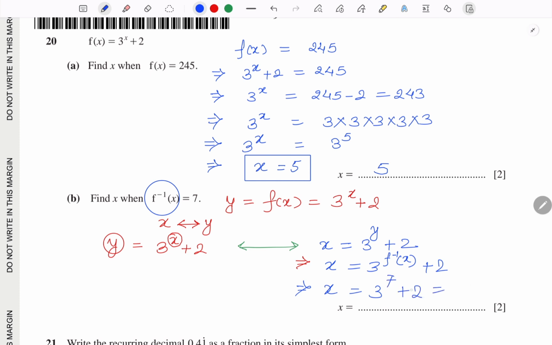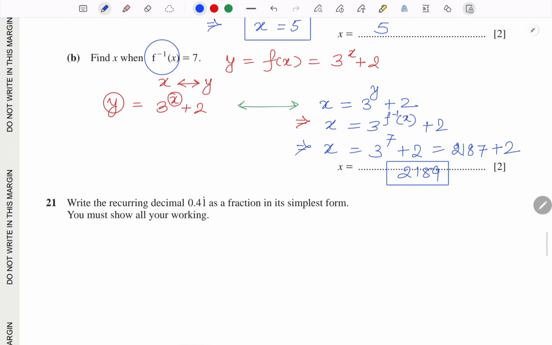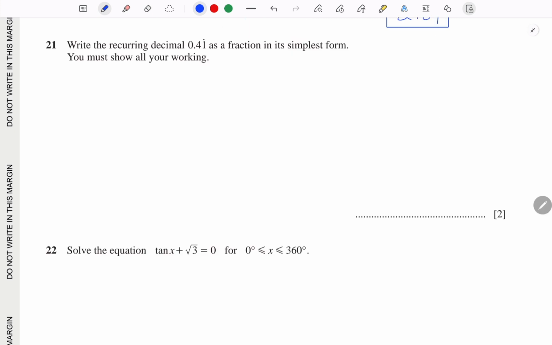So this 3 raised to the power 7, you use your calculator and you will get 2187, added with 2 will give you 2189. So this is our answer for this question, 2189. Let's move to the next question now.